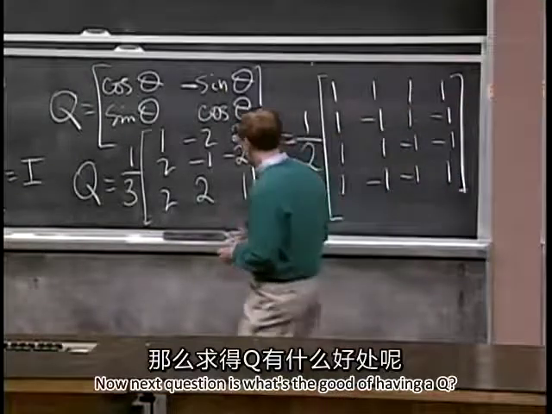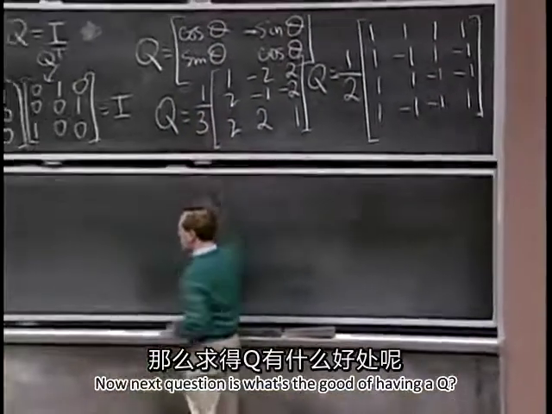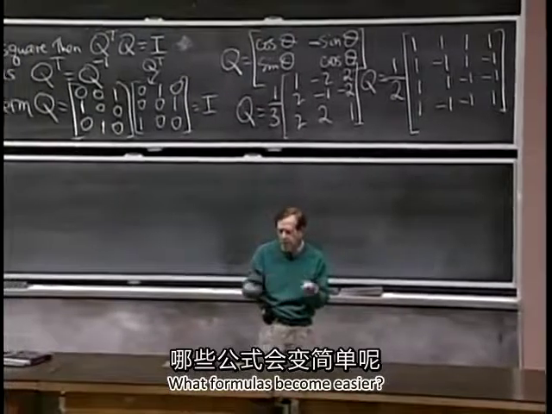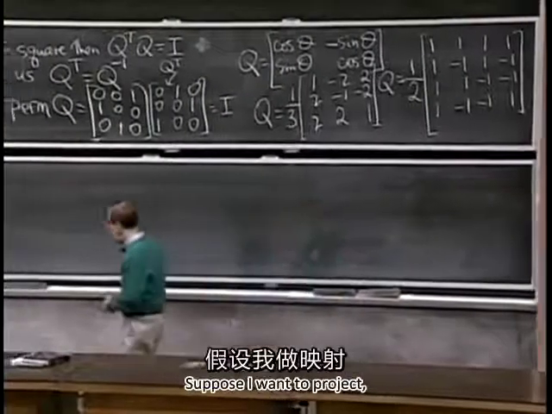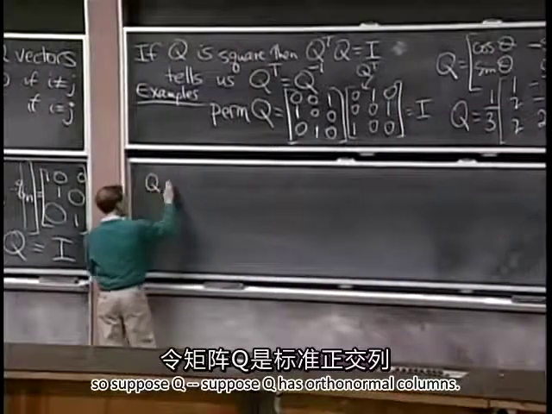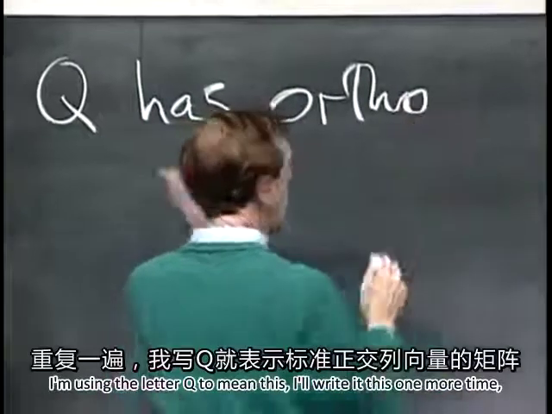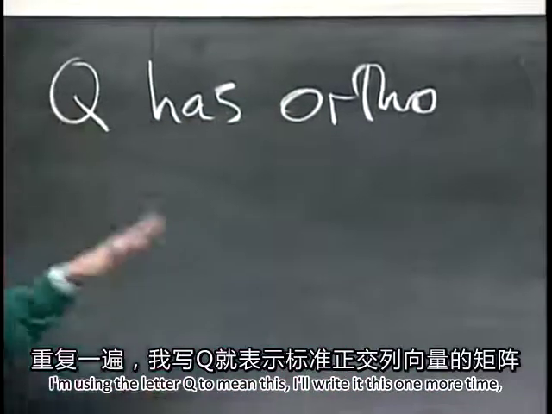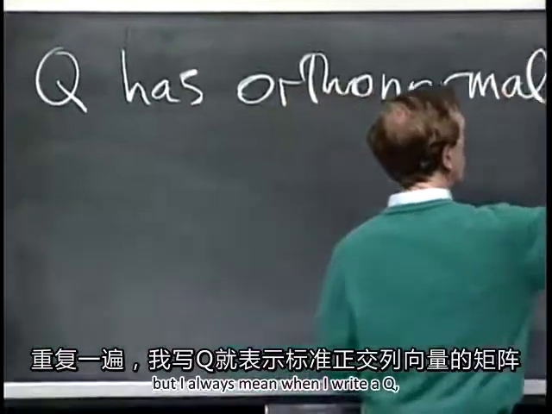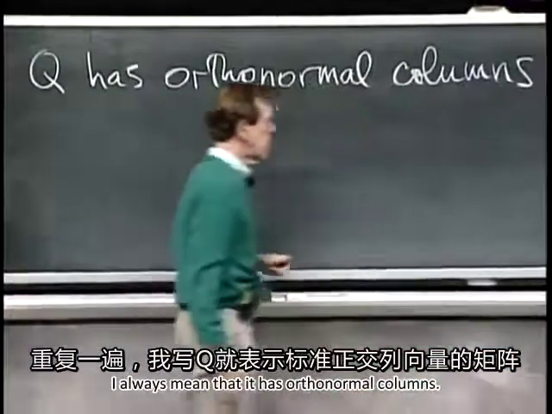Okay, great. Now, next question is, what's the good of having a Q? What formulas become easier? Suppose I want to project. So suppose Q has orthonormal columns. I'm using the letter Q to mean this. I'll write it this one more time, but I always mean, when I write a Q, that it has orthonormal columns.